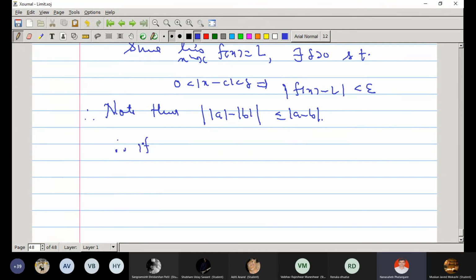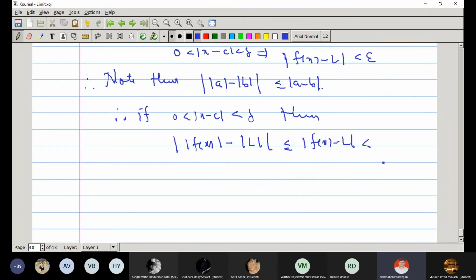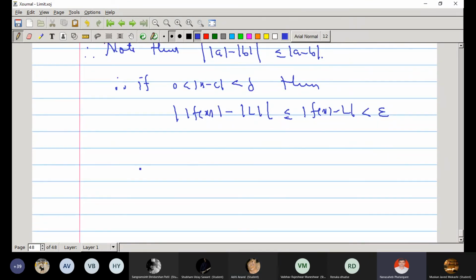Therefore, if the distance of x from C is less than delta, then what is the distance of |f(x)| from |L|? It is less than or equal to |f(x) minus L|. Is it less than epsilon? Yes, sir. Right. And so for any epsilon, the same delta works, right?